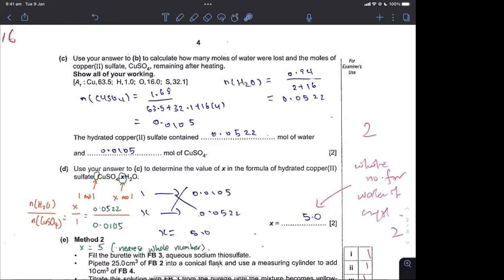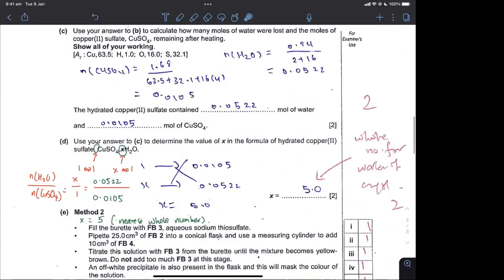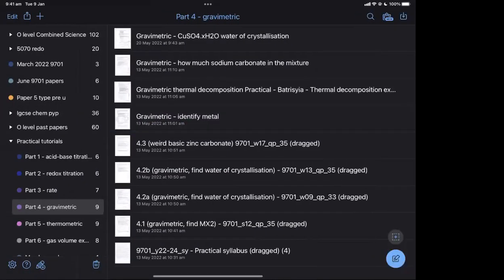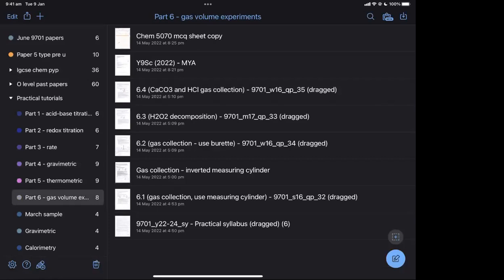This is your mole, mass over Mr, from your previous experiment. Gravimetric is probably one of those things that you can hope for in your practical. It's one of the easiest things to do, but make sure that water of crystallization is going to be a whole number.